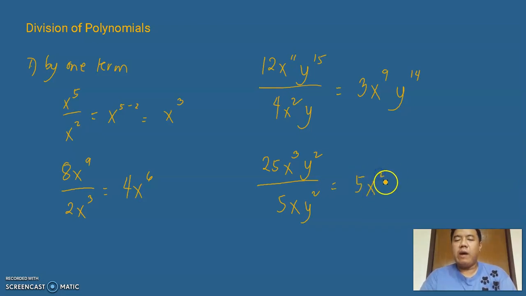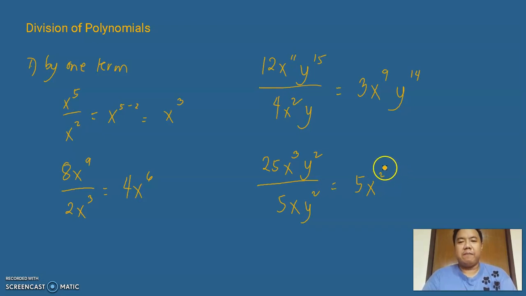And how about y squared divided by y squared? Paano po yan, sir? That will be y raised to 0. And what is the thing if we have an exponent of 0? That will be 1. Tama po ba? So kung 1 po siya, ibig sabihin 5x squared times 1 is simply 5x squared na lang po. Okay? So maka-cancel out na yung y squared po natin.